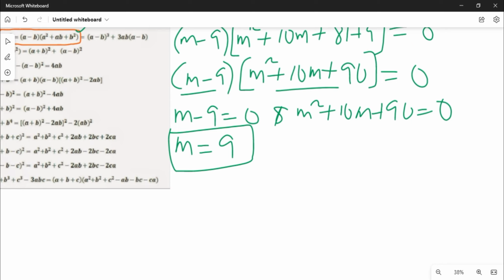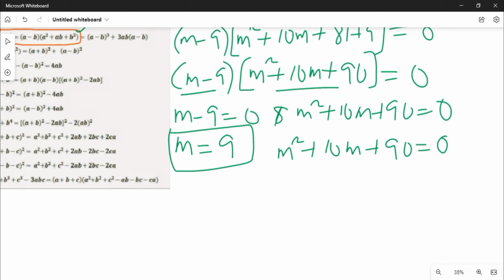Now to get the next value, we're going to simplify this quadratic equation, m squared plus 10m plus 90 equal to 0. To solve this quadratic equation, we're going to use the quadratic formula.